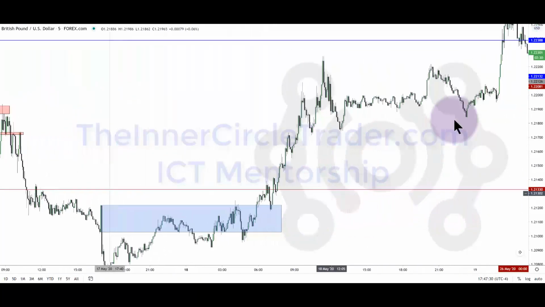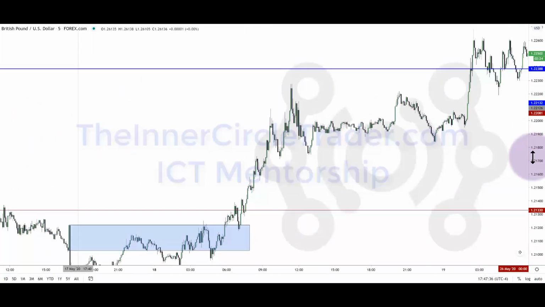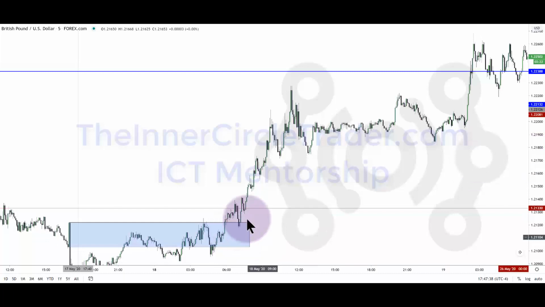Bam. See that? So your entry on the New York setup here: low to high, retracement, fair value gap, rallies, consolidates, pops through, clears the liquidity above the original consolidation of the market maker buy model.